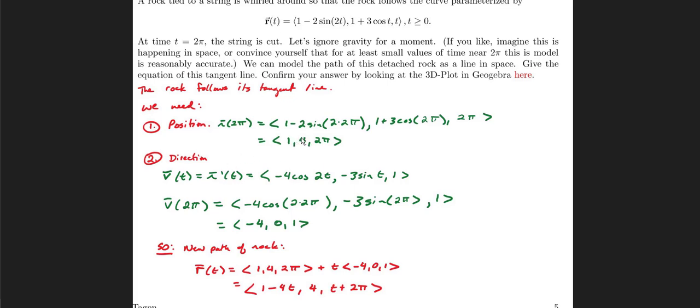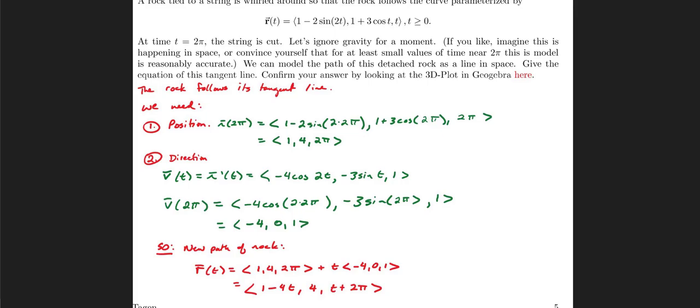Then we need to decide in what direction the rock will move, and the rock will have a direction vector corresponding to the velocity vector of our position curve, or the derivative of our position curve, because the velocity vector is tangent to our position curve.